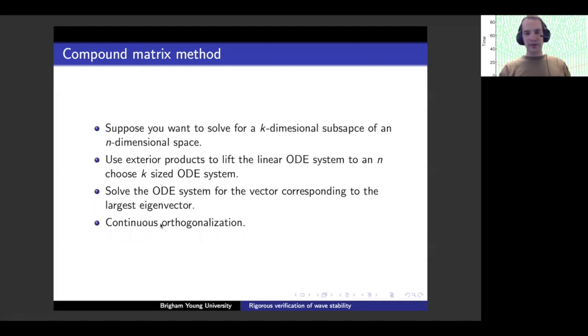So in the end, you have the scalar ODE that goes with it, and you use that to regain analyticity of your orthogonal basis that you get at x equals 0. So you're able to still maintain an analytic Evans function. And the nice thing about this is that it doesn't grow as n choose k. So for very large systems, say systems that are 20 dimensional with a 10 dimensional subspace, you can still use this method.